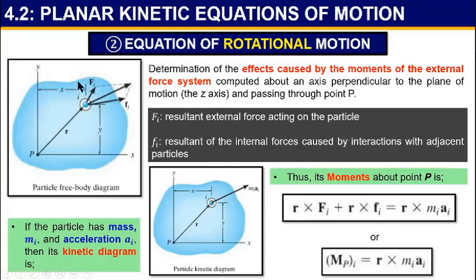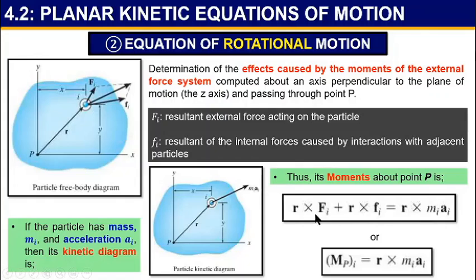What is large F? Large F is the resultant external force acting on the particle. Meanwhile, small f is the resultant of the internal force caused by its interactions with adjacent particles. Thus, its moment about point P is r times large F plus r times small f.